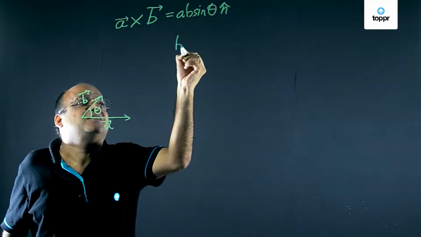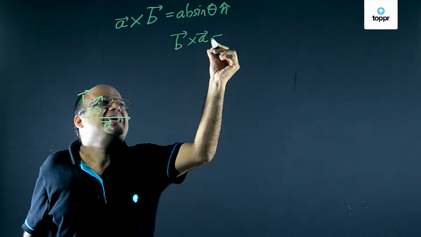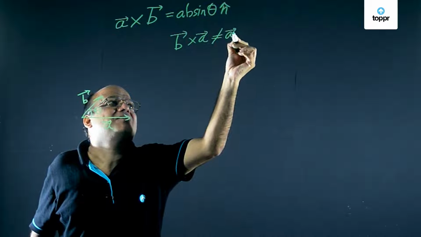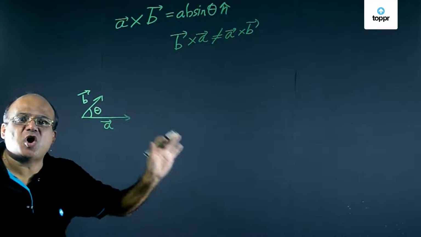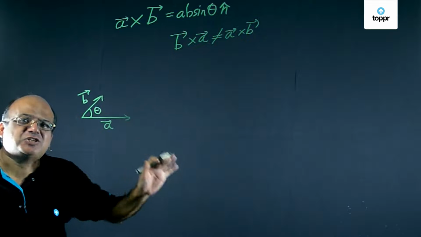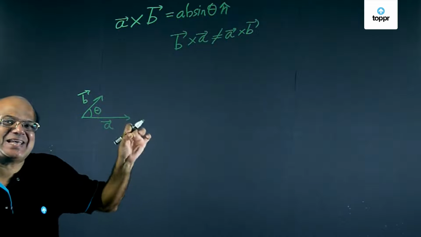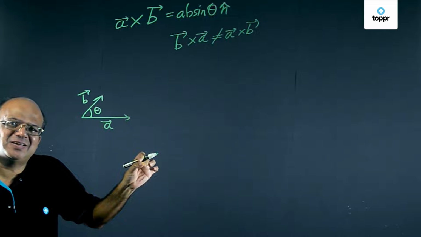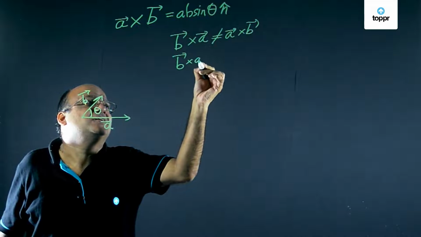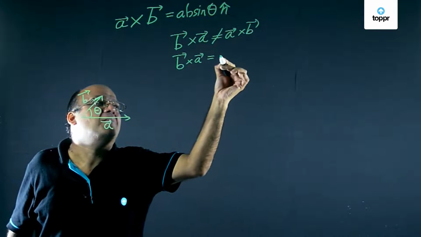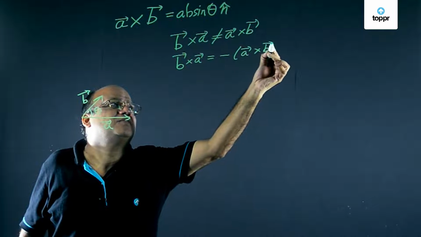B vector cross A vector is not equal to A vector cross B vector. Cross product is not commutative. You cannot change the order, and this is very important. If you change the order, you will get an extra minus sign. B vector cross A vector will be equal to minus of A vector cross B vector.